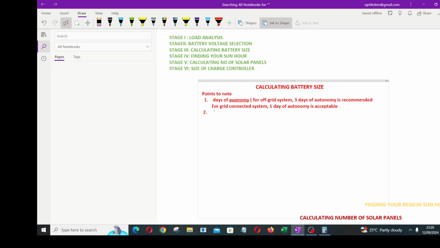Then another point that we must take note of, point number 2, is the depth of discharge of the battery, DOD. Now, if you are using a lead acid battery, also called a flooded battery, the depth of discharge for lead acid battery is 50%.